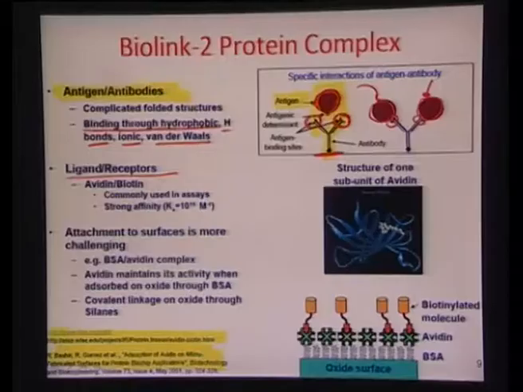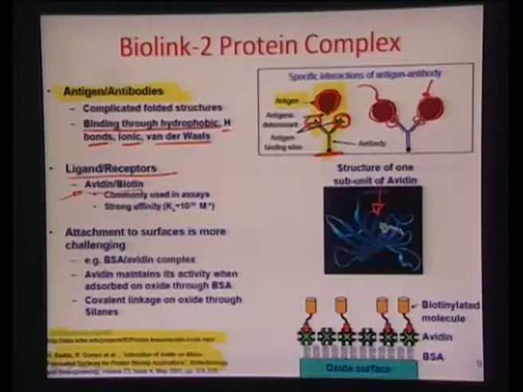And then we have this ligand receptor binding. What this essentially means is, and this is one of the very famous locks in biochemistry, it is called the avidin biotin lock. You can see how the structure of one subunit of avidin looks. It's a very complicated molecule, and biotin is again an organic molecule.